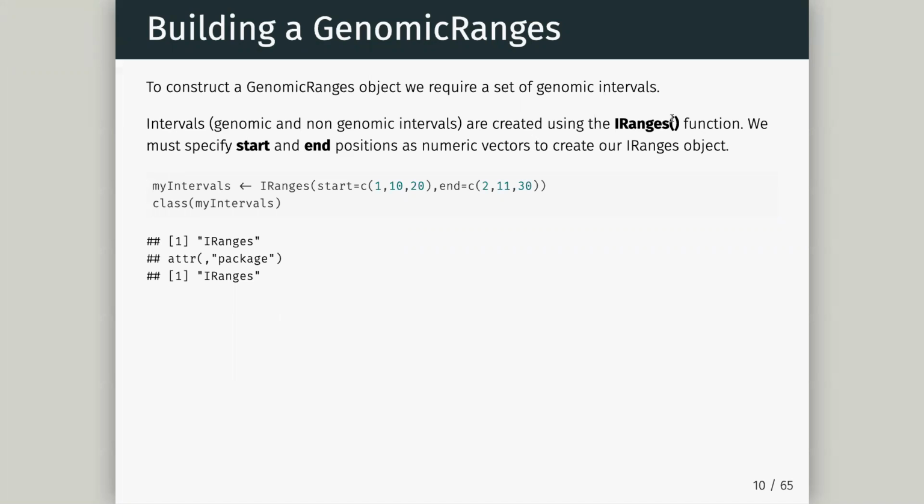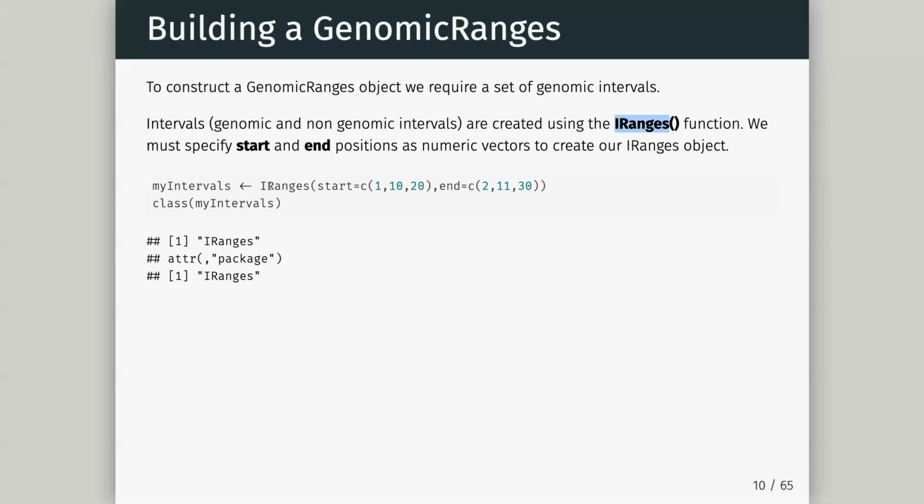IRanges, if you're not doing any genomics, are actually super useful because they allow you to find regions which overlap between ranges. We actually use them when we build these slides: if we have two code chunks we want to present to you, we want to make sure that we don't have certain words within them. We can check that using these IRanges, just as start and end positions.